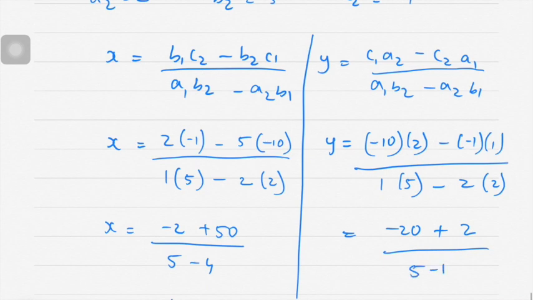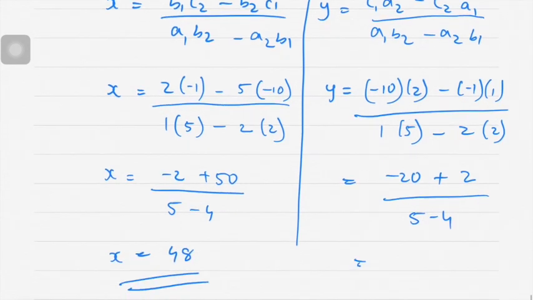So minus 20 plus 2, 5 minus 4 is 1, so minus 18. So y is equal to minus 18.